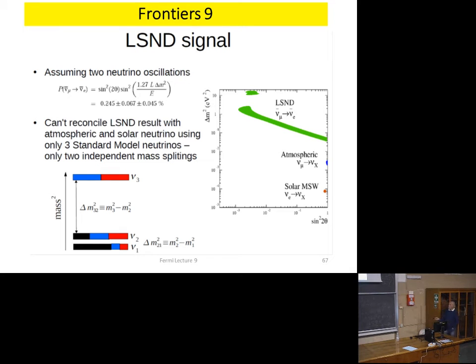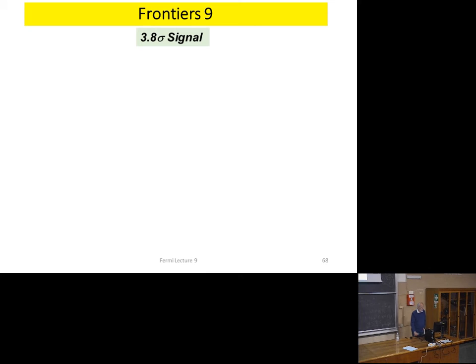When I talk next week, I'm going to talk about the mass differences down here in scale, and this one's up here. Mass difference is much larger, and this is the evidence, something like eV squared. So this large mass difference, if it's correct, I'll ignore completely next week. We don't know that it's correct, but I wanted to show you.